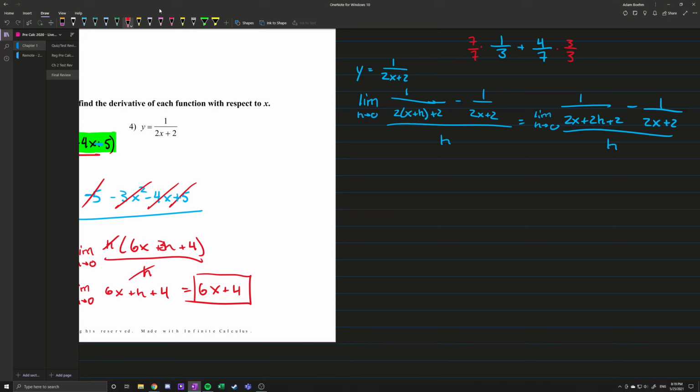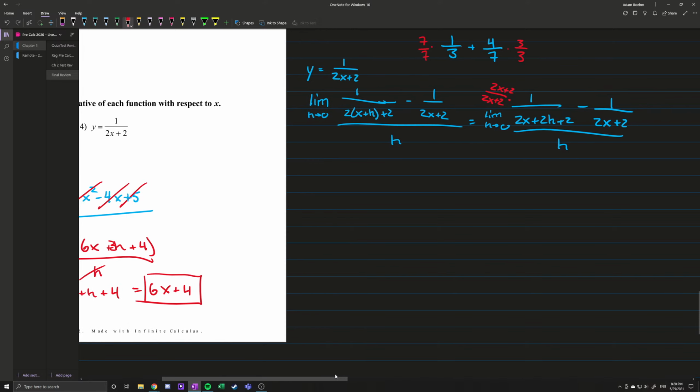We're basically going to do that, but with 2x plus 2h plus 2 and 2x plus 2. So we want to multiply this thing by 2x plus 2 over 2x plus 2, and this thing on the right by 2x plus 2h plus 2 over 2x plus 2h plus 2.